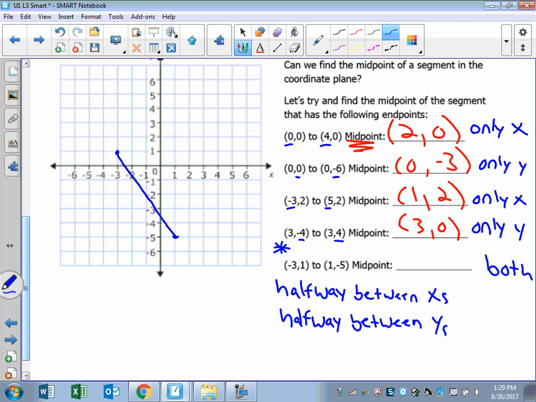So all we're going to want to do is take these points, -3, 1, and 1, -5, and find the halfway point between the x's and the y's. So if we're going in the x direction, X is the blue point.